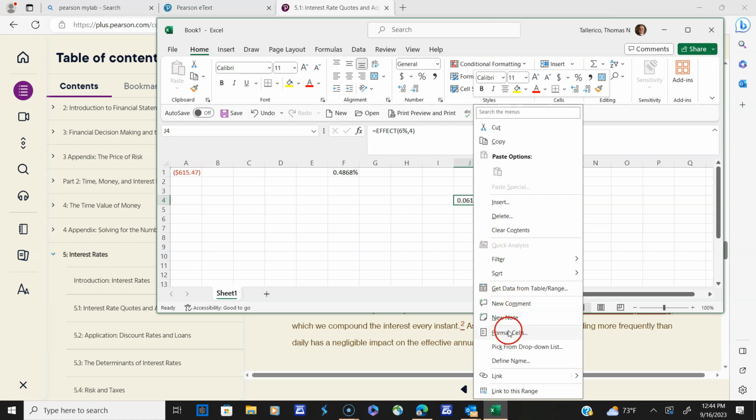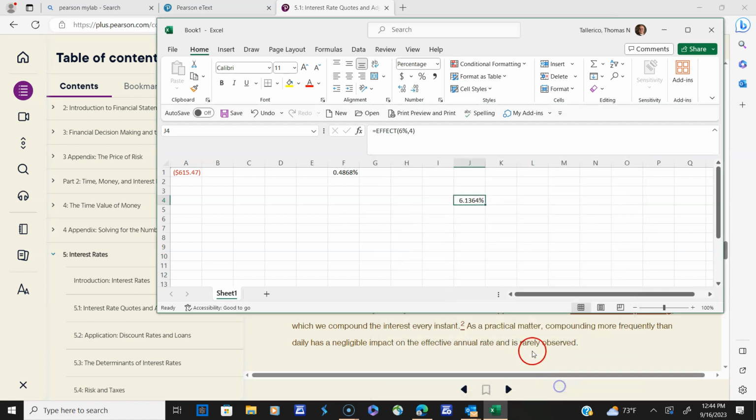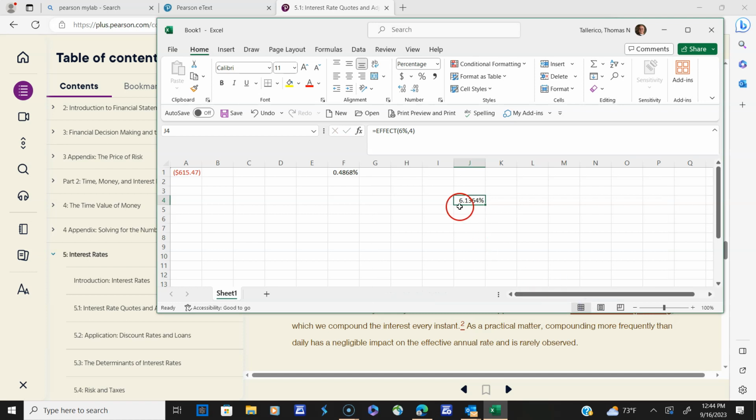Let me format these cells for you. You would get 6.1364%. Again, now this is equation 5.3, and this is built into Excel. All you got to do is pop numbers into 2 boxes. You see that? That's to get equation 5.3. Okay? So I just wanted to show you that.